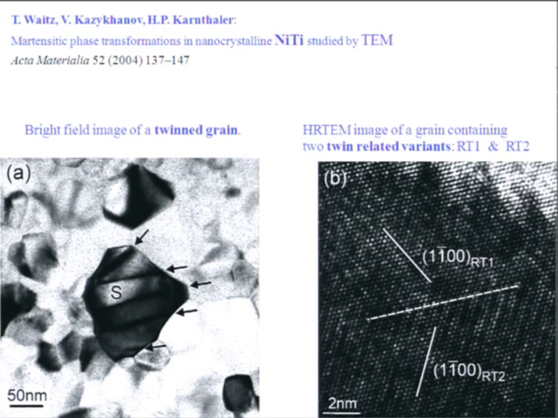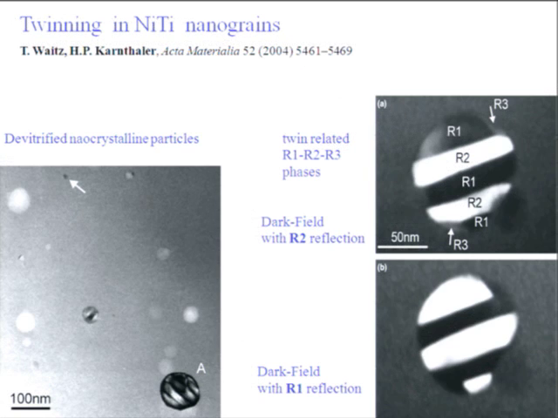This is another example, again from the same system, nickel-titanium shape memory alloy, and here you see that twinning is a planar defect on the two sides of which the crystals match perfectly. This is just to show you how beautiful micrographs you can get in a twin structure.